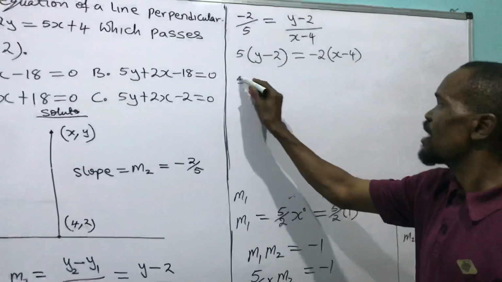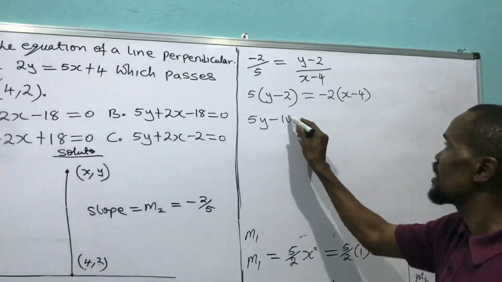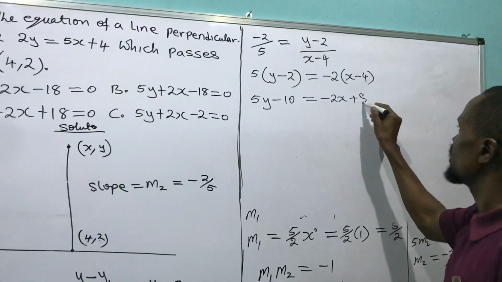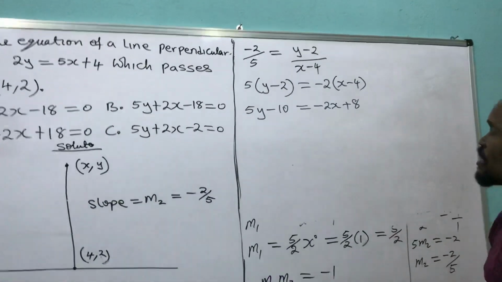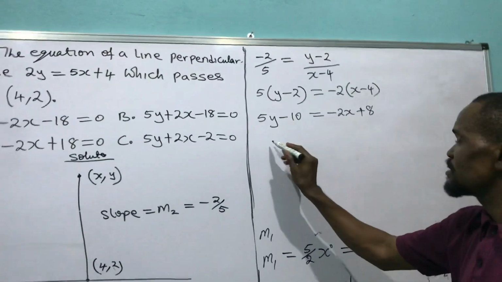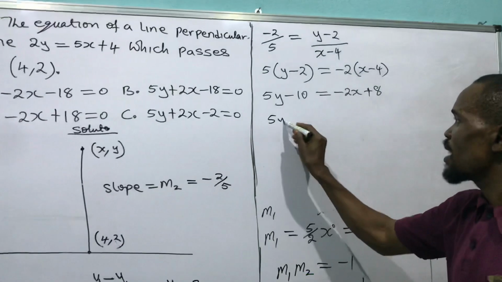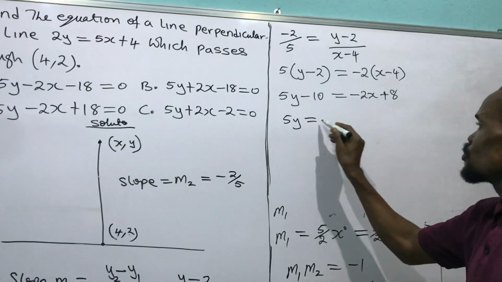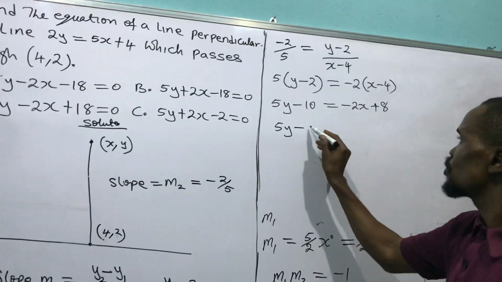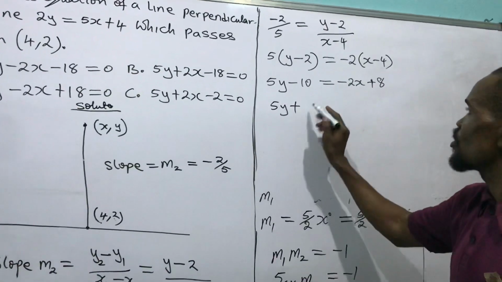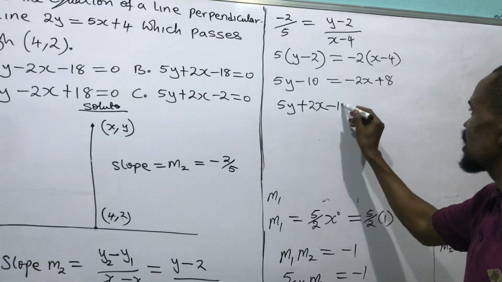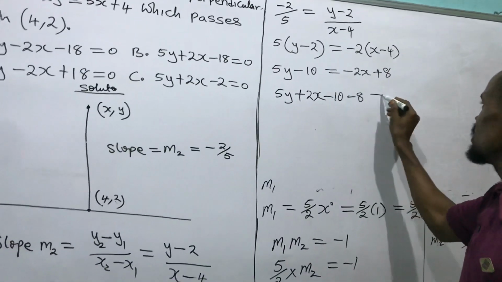And this will give me 5y minus 10 is equal to minus 2x plus 8. Minus times minus gives me plus 8. Collecting terms, 5y equals... coming over, I have plus 2x, and this coming over here becomes minus 10 minus 8 is equal to 0.